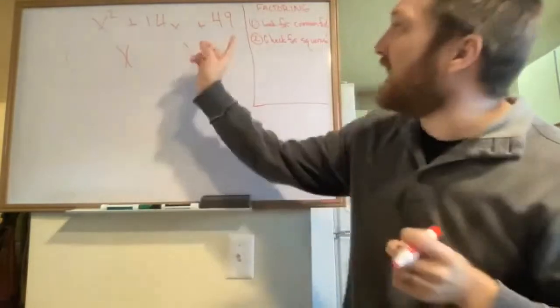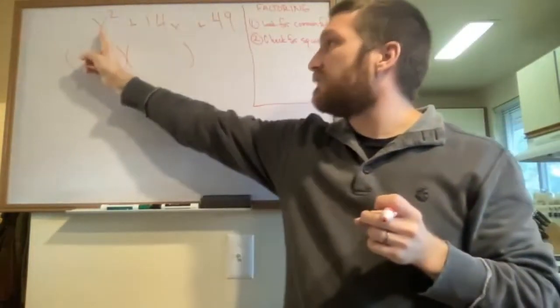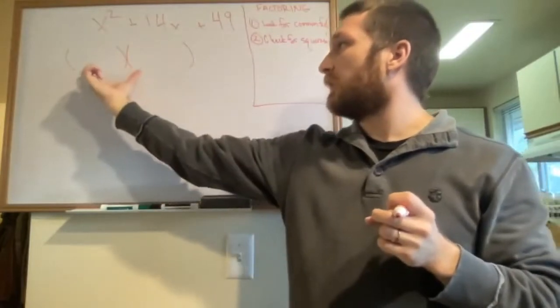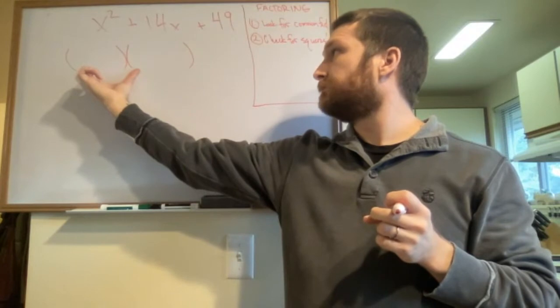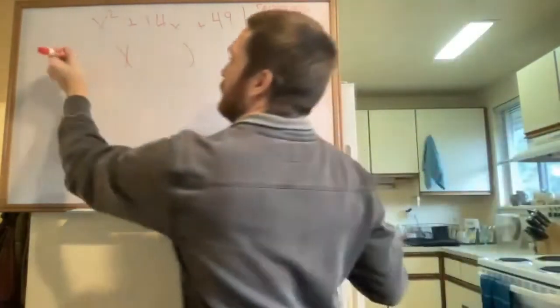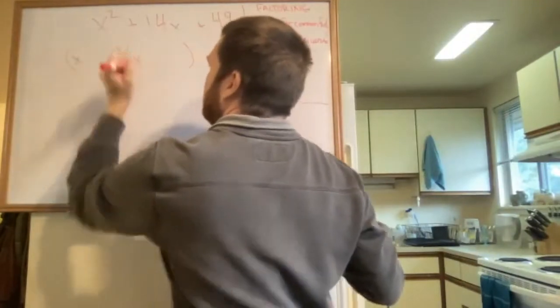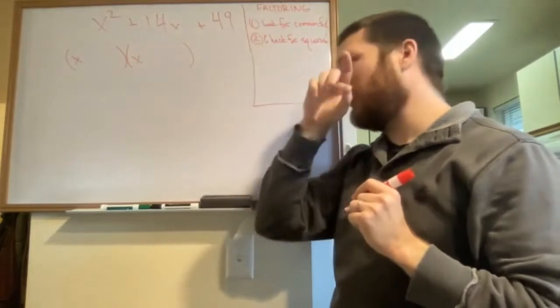So we imagine that we've just foiled something together. What must go in the first position? It has to be an x here and one x here. There's no question about that. What about the last? What are my possibilities?